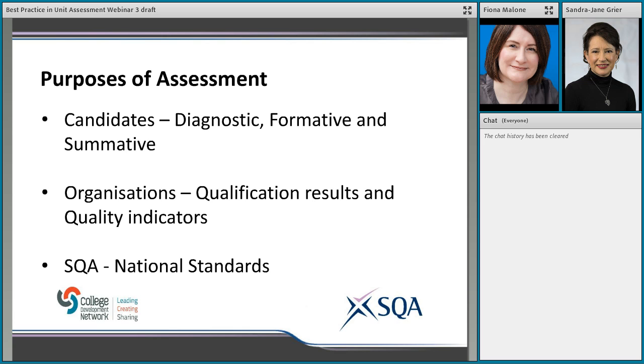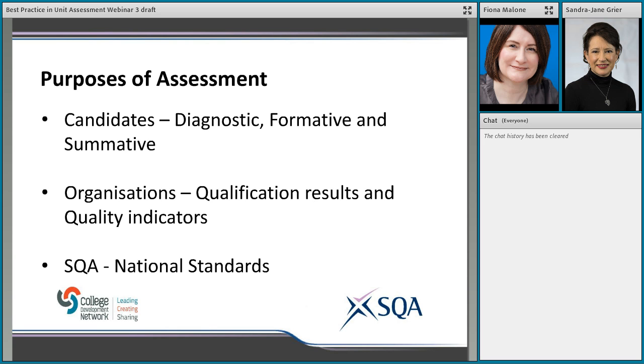In terms of organisations, they will use assessment for diagnostic, formative and summative purposes to check on candidates' progress and achievement. Many different types of organisations, like colleges, for example, use qualification results either as a measure of attainment for entry or to evaluate the performance levels of the wider system.